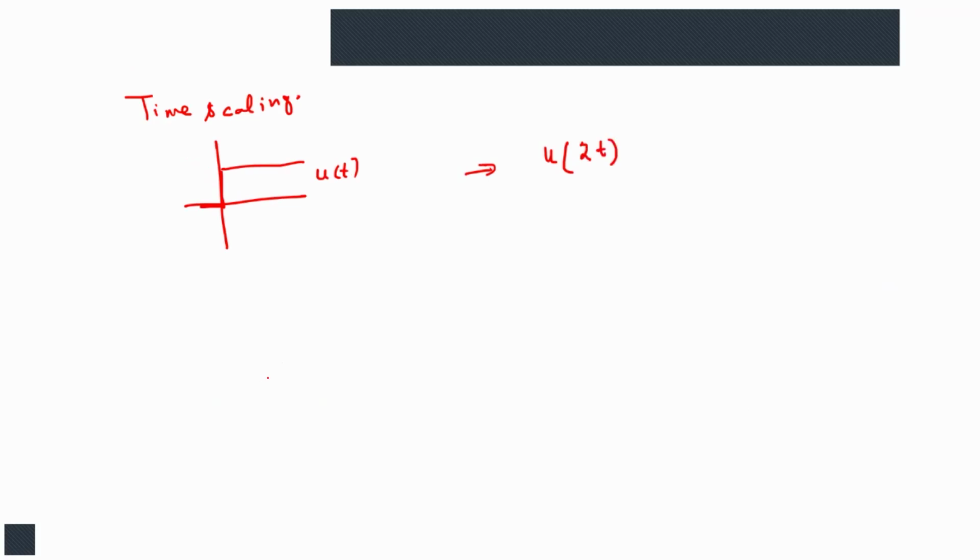What this is going to do is divide the time. So suppose this was equal to 1, this was equal to 2, and let's say this was equal to 4. So u of 2t will divide the whole signal by 2. Your new signal will start at 0, and 0 by 2 is 0 only.